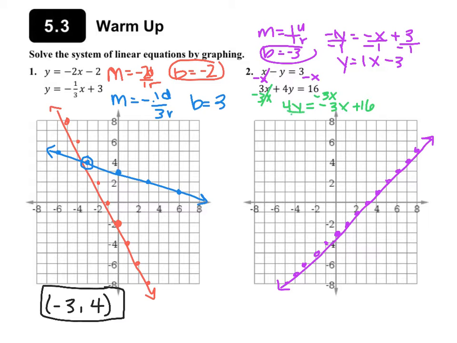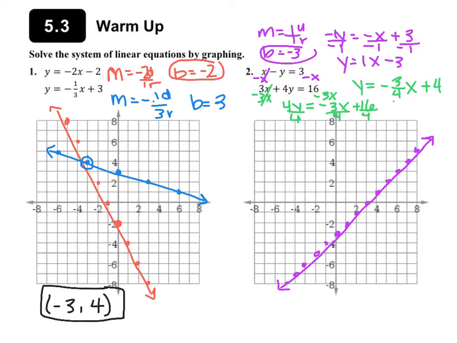And my last step to get y by itself would be to divide by 4. That gives me the equation y equals -3/4 x, and 16 divided by 4 is 4.